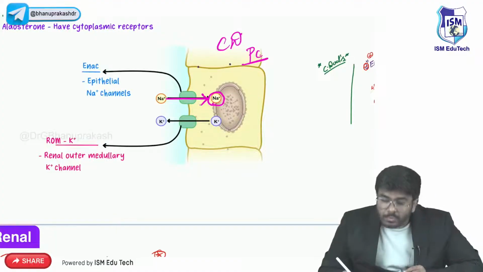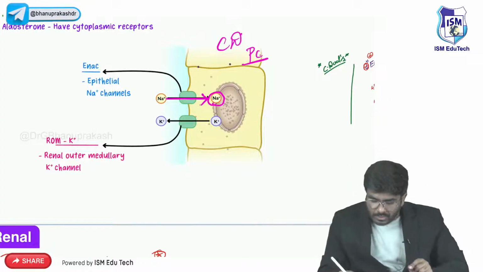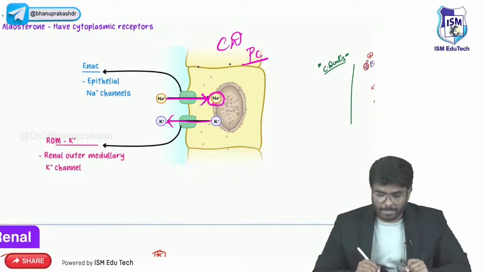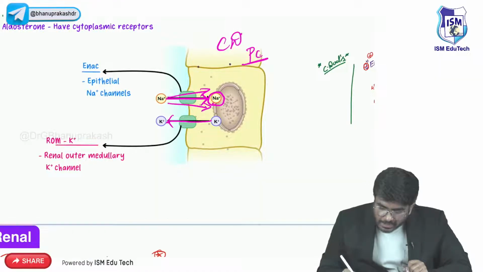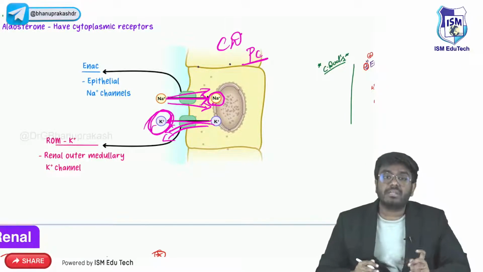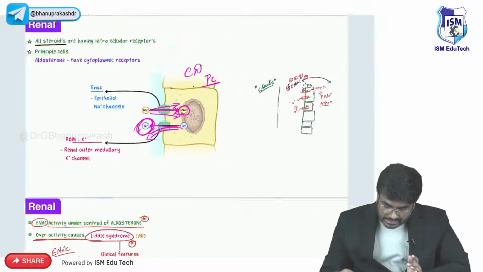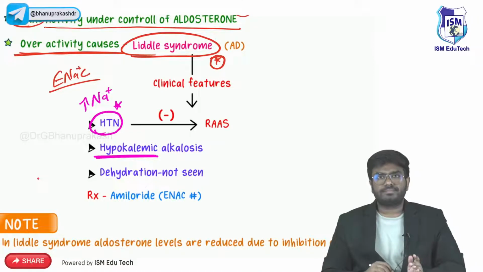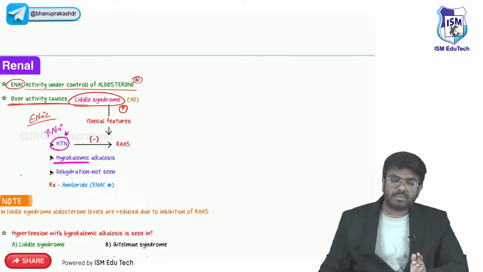When this positive charge, the sodium, is being reabsorbed, it is exchanged for potassium. So when more sodium reabsorption happens, more potassium excretion will also happen. Due to loss of this excessive potassium, that will cause hypokalemia. These are some important points about Liddle syndrome.